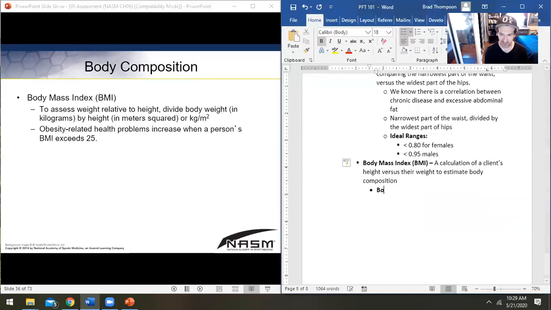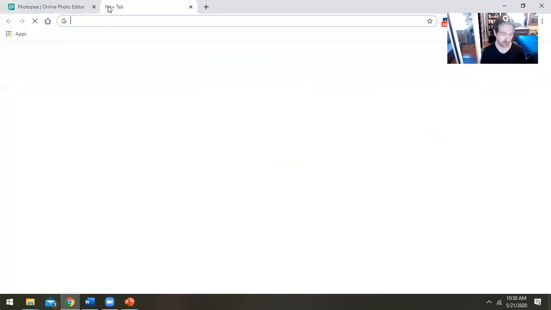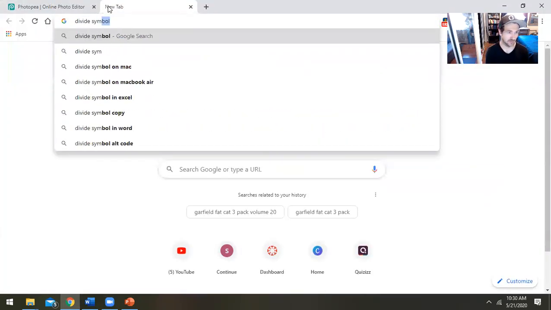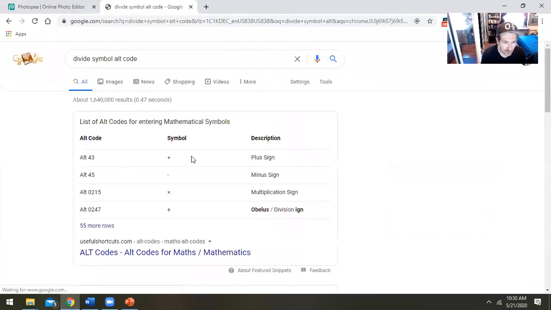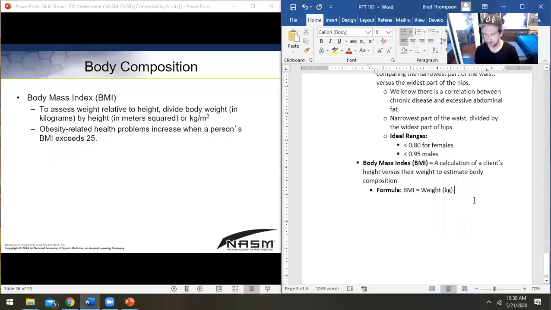So the formula is BMI equals their weight in kilograms divided by their height in meters squared.